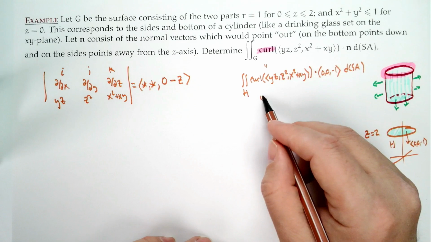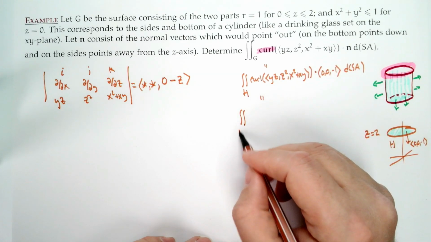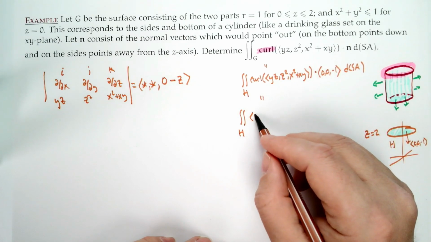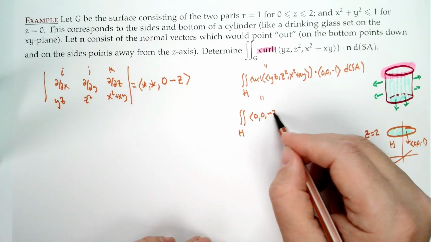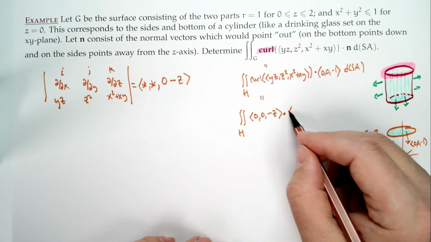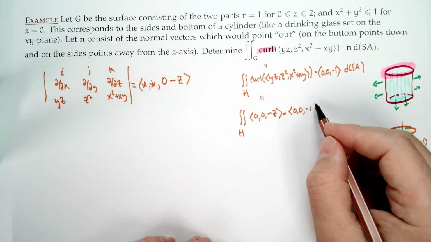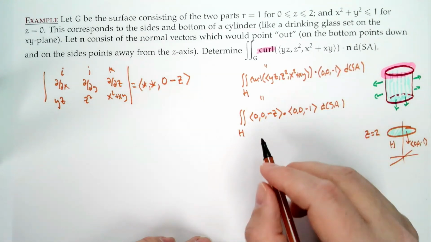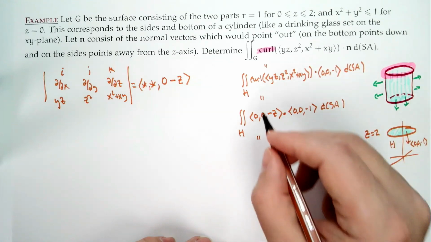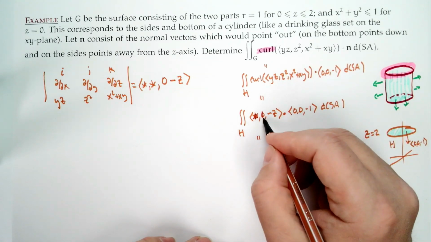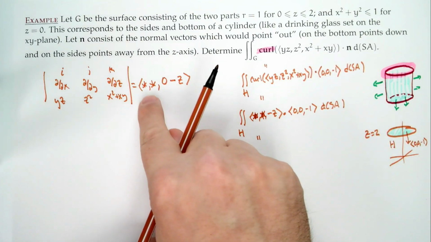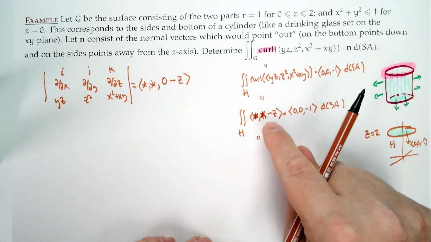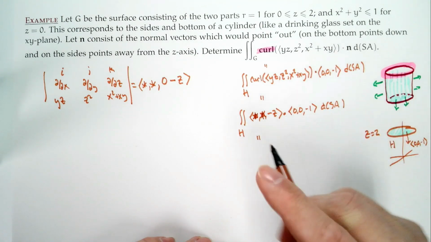So this becomes the integral along H of 0, 0, negative z dot 0, 0, negative 1 dS. Well, if you multiply that dot product out, sorry, not 0, 0, stuff, excuse me, I shouldn't have said that: 0, 0, negative z dot 0, 0, negative 1.